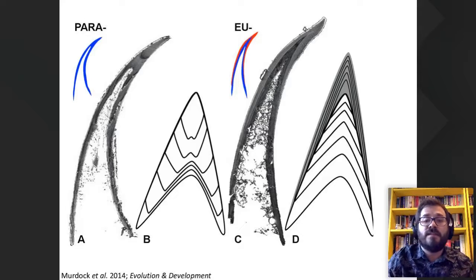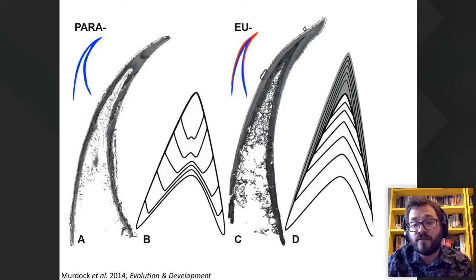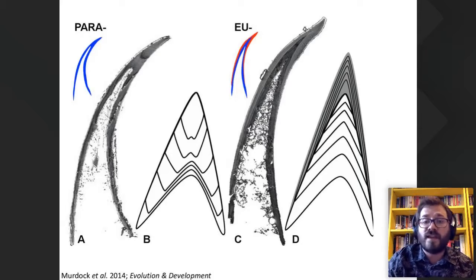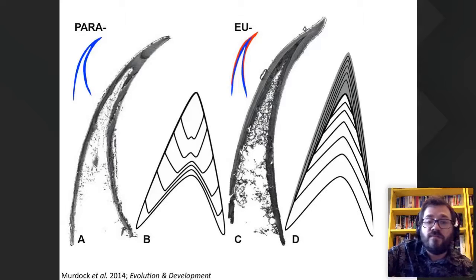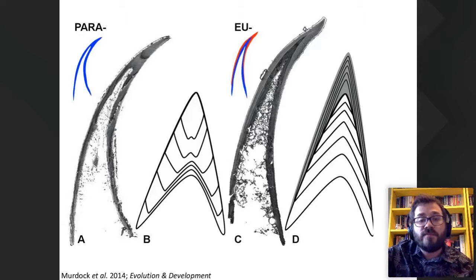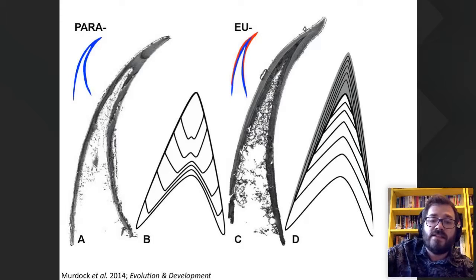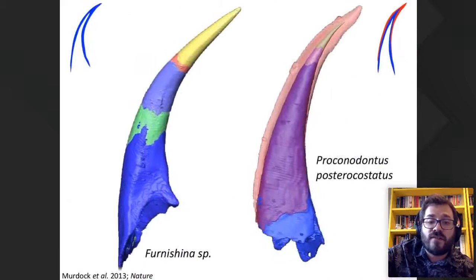They have this unique tissue called the crown, which evolved in conodonts sometime in the late part of the Cambrian. So for the remainder of the talk, paraconodonts are in blue, and euconodonts are in blue and red to represent the addition of this crown.